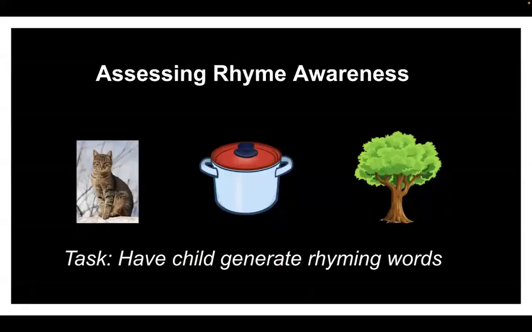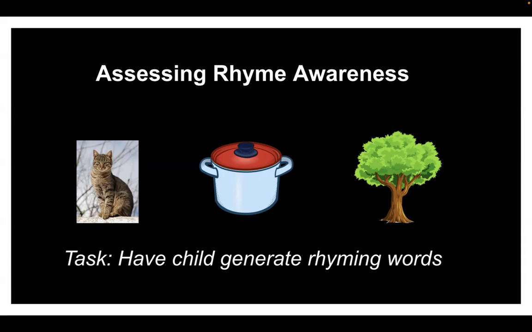If you wanted to somewhat informally, this would be me sitting with a child or maybe a group of children and informally taking notes on how they respond to different tasks. If I wanted to assess their rhyme awareness, I may have a picture, or I may just say the word and ask them to generate some rhyming words.